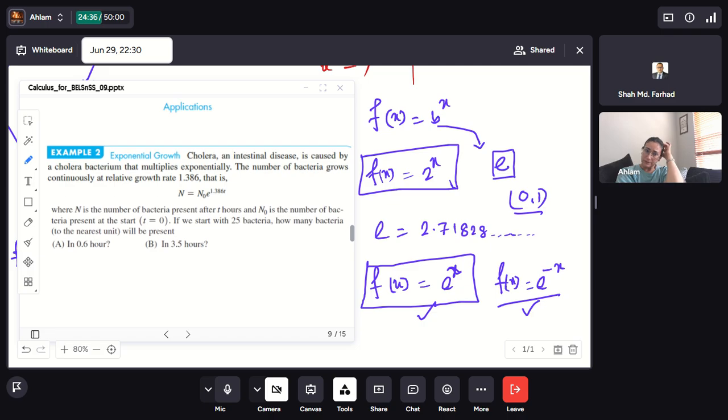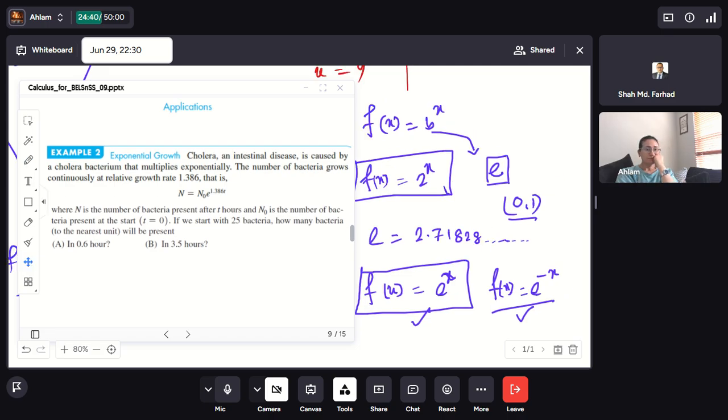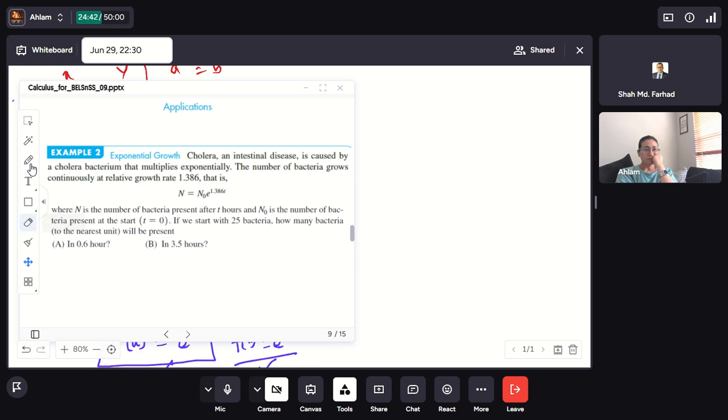If we go for the application of exponential functions, try to solve this one: exponential growth. Cholera is an intestinal disease caused by a cholera bacterium that multiplies exponentially.